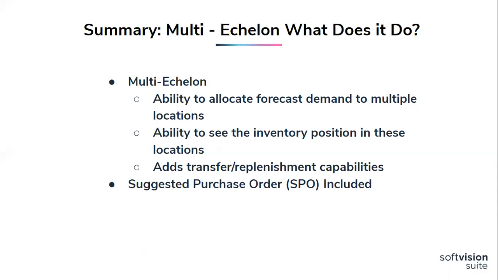For my outdoor furniture spring business, I want to fulfill 60% of the demand from my East Coast DC and 40% from my West Coast DC. So as I'm building POs, I can ship goods to each of those in those proportions. That might be an example. It lets you see then the inventory position in those locations.